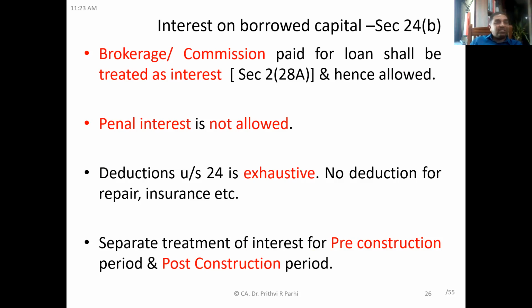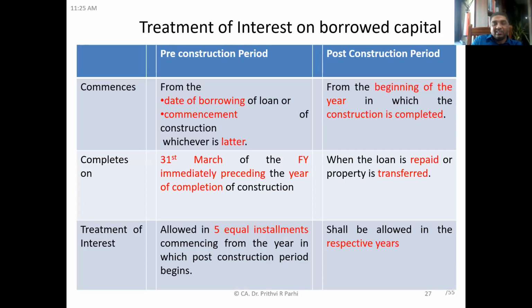And for pre-construction interest and post-construction interest, the treatments are different. That concept we'll be learning later, how to split the interest into pre-construction period interest and post-construction period interest. As of now, just remember, post-construction interest is allowed every year. So whatever interest is accruing in my loan account this year will be allowed this year.